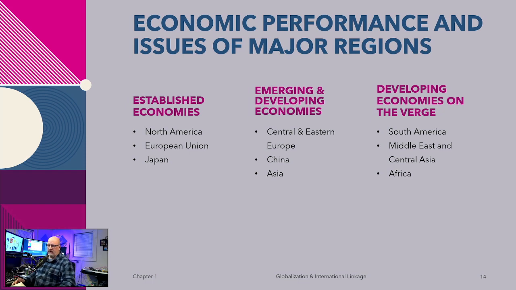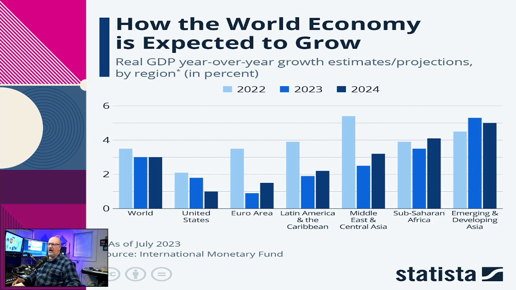All right, take a look at this graph here as we look at how the world economy is expected to grow. This is the gross domestic product, year-over-year growth estimates and projections by region. So look at the whole world. When it comes to the GDP, it looks like everything is kind of leveled out. It looks like in 2022 there was a little bit more, but in 2023 and 2024, we're kind of holding our own there.